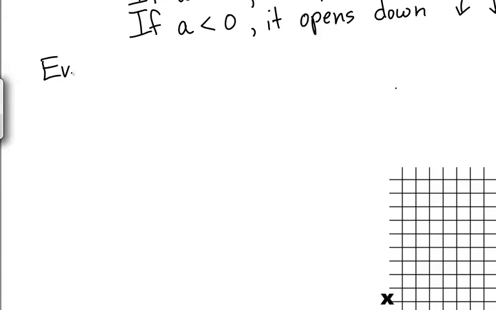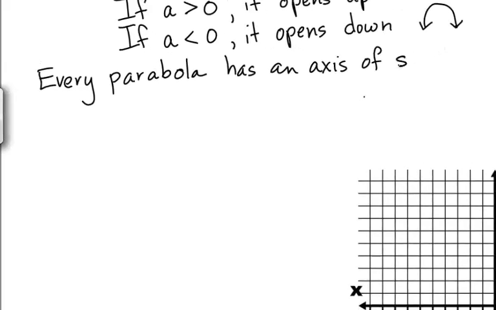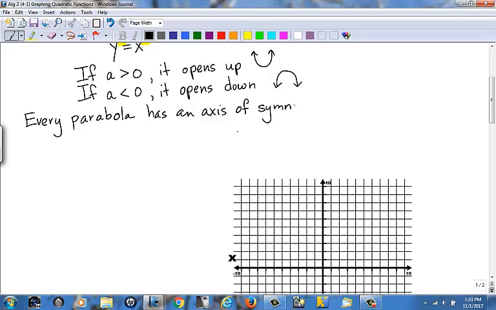Okay. Every parabola has what they call an axis of symmetry, that you could fold it over. So every parabola has an axis of symmetry. And the axis of symmetry, from the equation, you're going to take x equals the opposite of b over 2a.